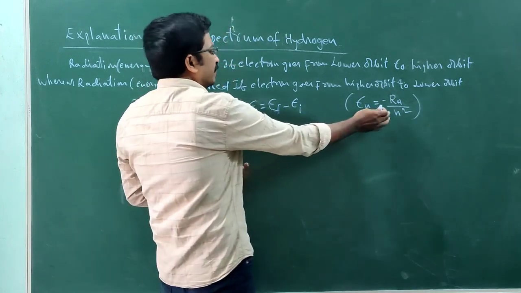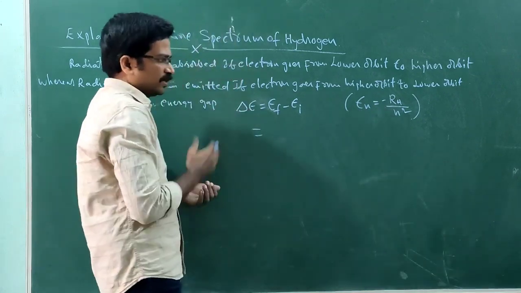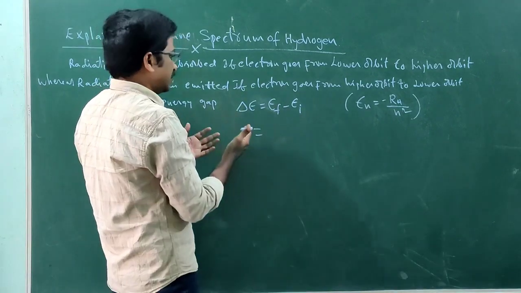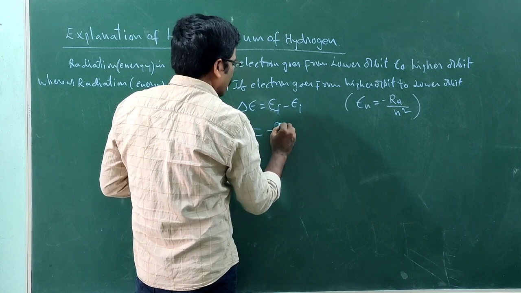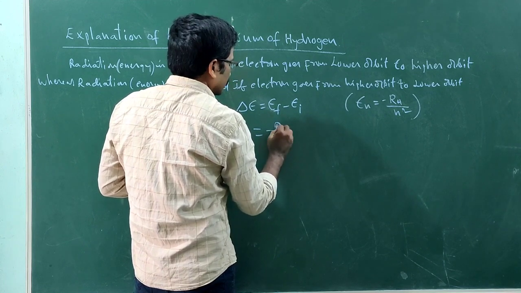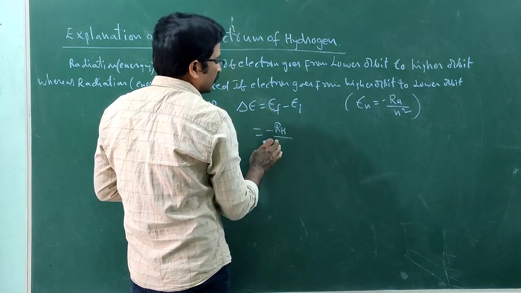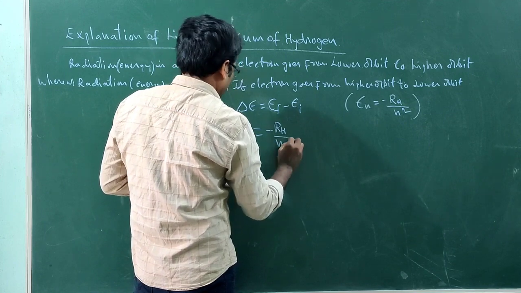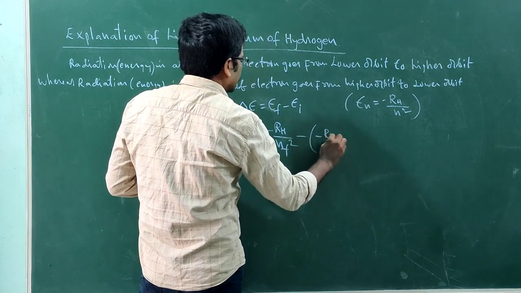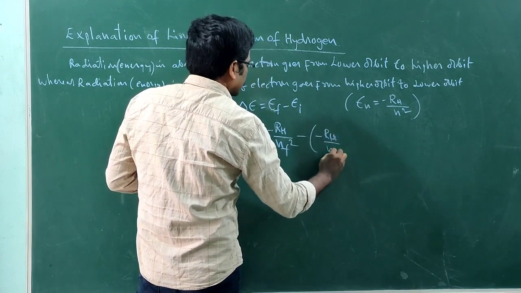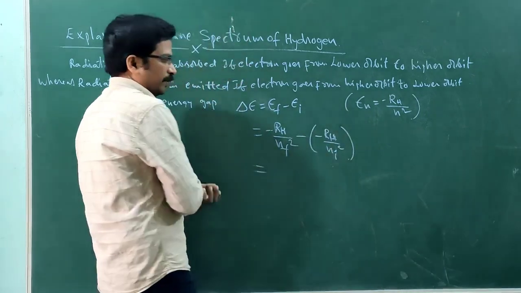Okay. Then write down, we know the formula En is equal to minus RH by n square from the previous class. Okay, let us write here. In place of EF, you can write RH by NF square. Here, RH by Ni square. Okay.